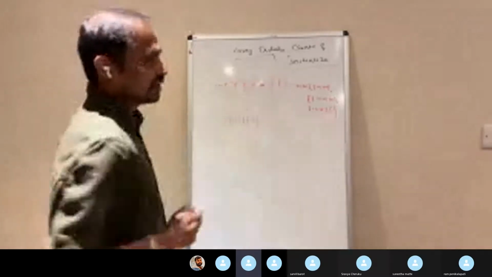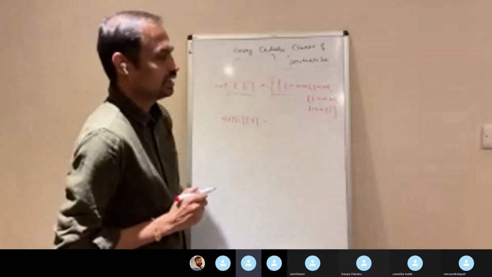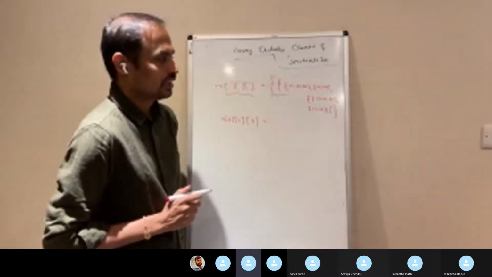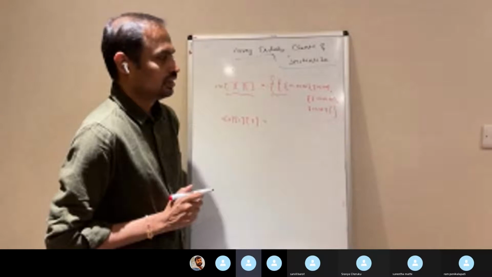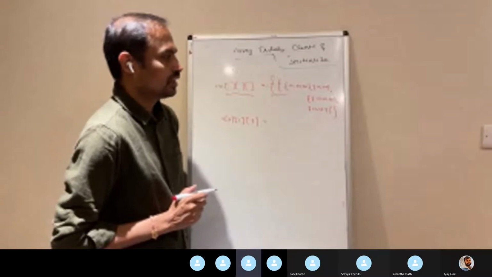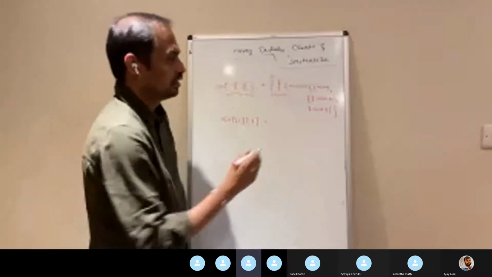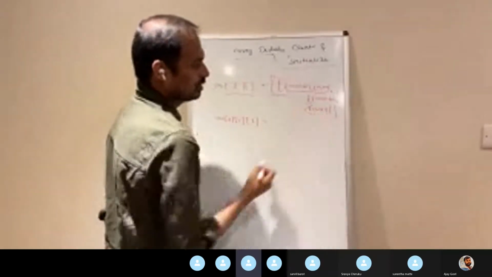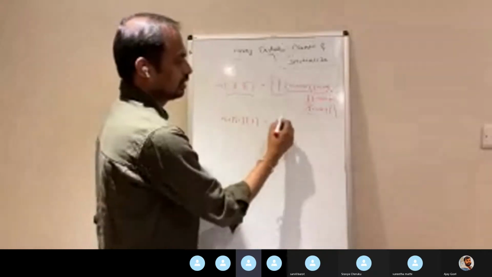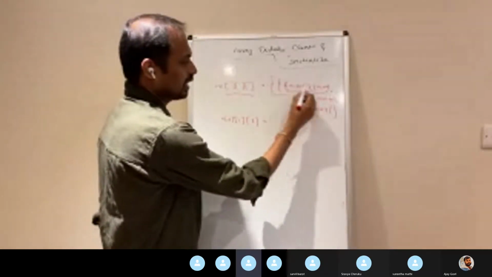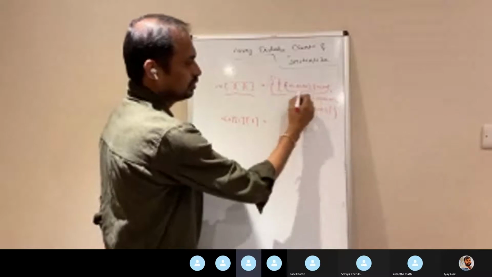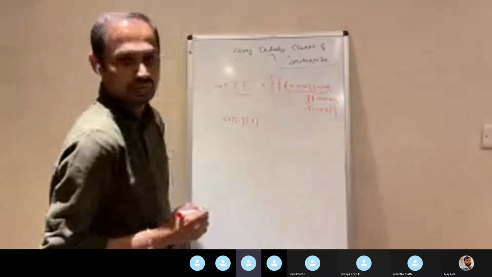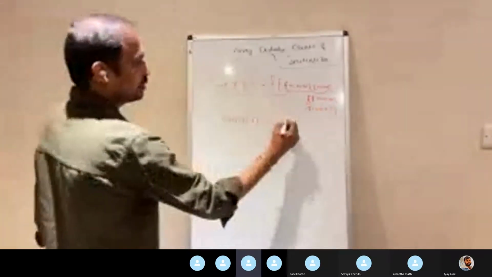What is the index for this one? 2 or 3? 2, because this is 1 and this is 1, 2 indexes, right? Because in the third bracket we are representing 2. Here also in the third bracket we are representing 2. So like this, the index is 2.